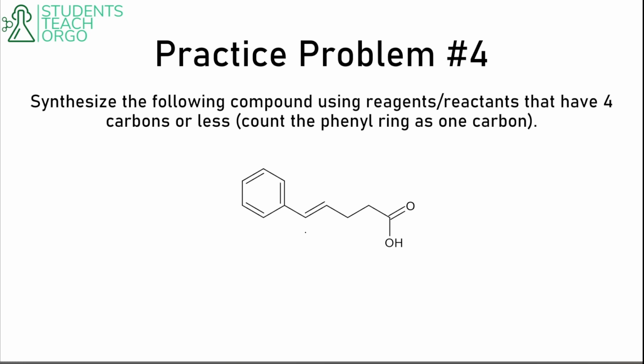So what you do is you cut this bond. Somewhere you're going to put the carbonyl, and somewhere you're going to put the ylide. Where do you think each is going to go? Now, in this case, it doesn't really matter too much which way you go.